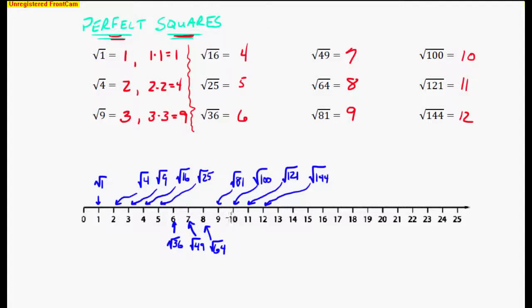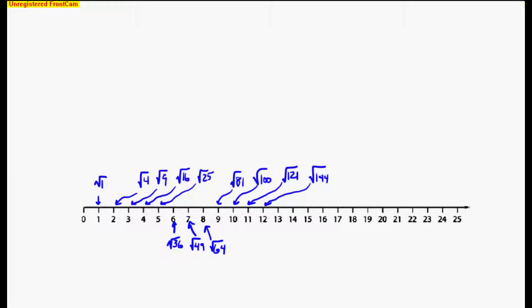Now, many square roots obviously do not fall on whole numbers. All right, so let's turn these off and let's put in these. Now, where would these fall on the number line? What I'm going to do is look at these perfect squares and try to figure out where they would fall.